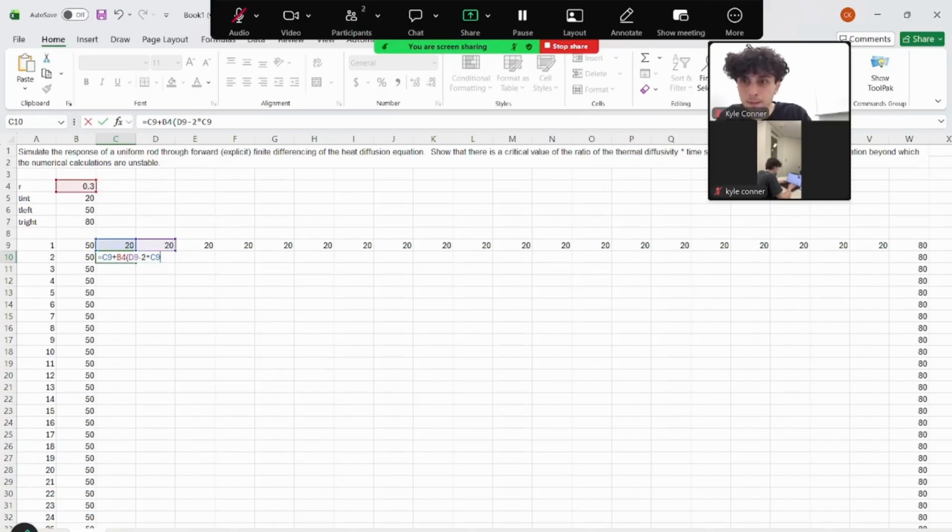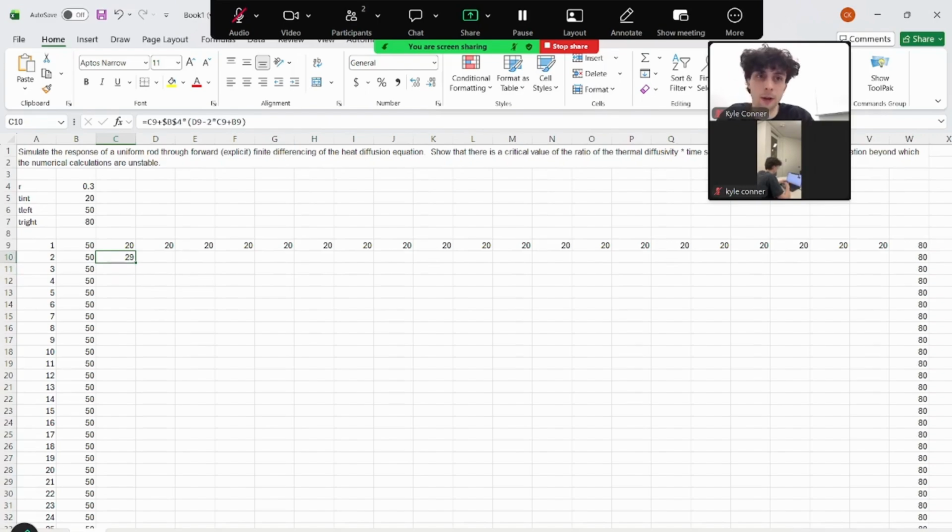Let's see, 9. And then plus temperature to the left. And then we also just want to make sure that this is constant throughout the process. Multiplication there.